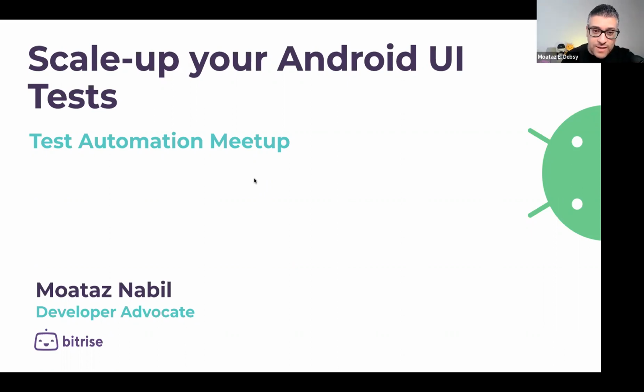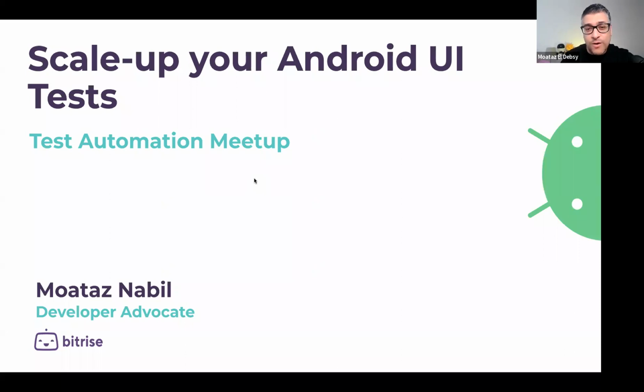My name is Mu'taz Nabil. I'm working as a developer advocate with Bitrise, almost 1 year and 3 months now. Previously, I started my career as a .NET developer, then I switched to be a quality engineer and test automation engineer as well. I worked with different business domains and built different test frameworks.